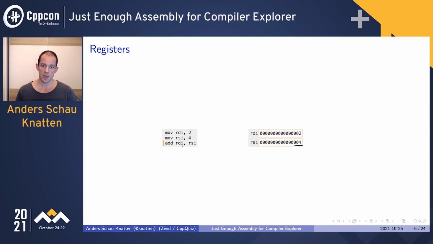It's just adding these two operands, RDI and RSI, and the result goes in the first operand. So it takes RDI plus RSI and sticks it into RDI. This is more like a plus-equals kind of thing. So we're going to add 2 and 4, and that ends up here in the first operand RDI as the value 6, the sum of those two numbers.